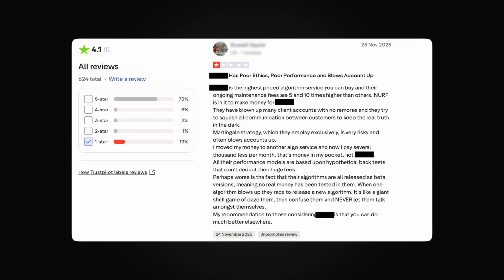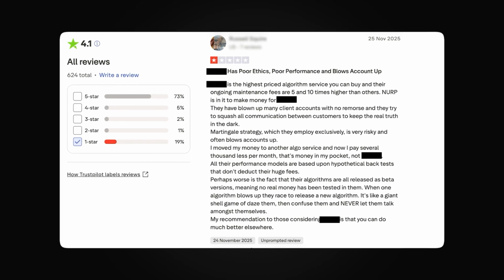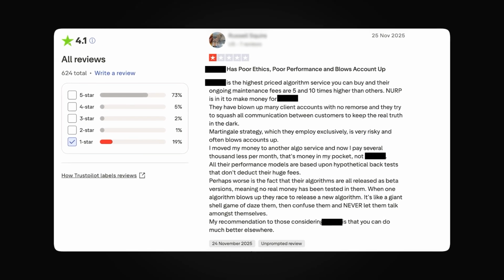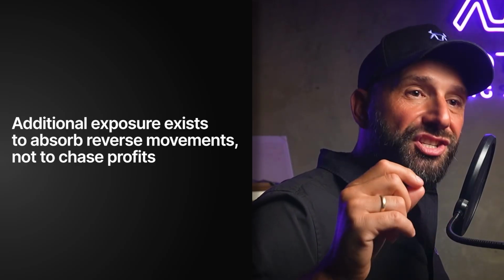And when it happens, the strategy doesn't just fail, it fails completely. There are countless reviews of algorithmic services that look impressive on paper only to end the same way: accounts that worked until they didn't, followed by sudden total blow-ups. One recent review put it bluntly, describing a system that relied on martingale-style scaling and often blows accounts up despite strong backtested performance. A defensively designed scaling framework does the opposite of a martingale strategy. Additional exposure exists to absorb reverse movements, not to chase profits.